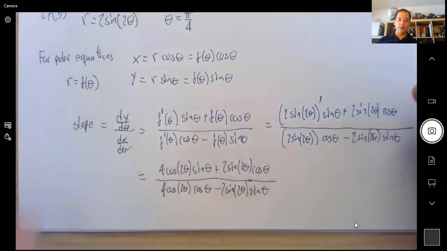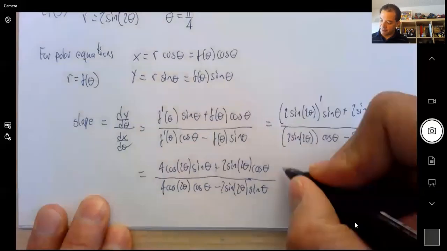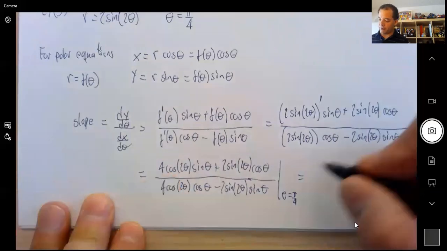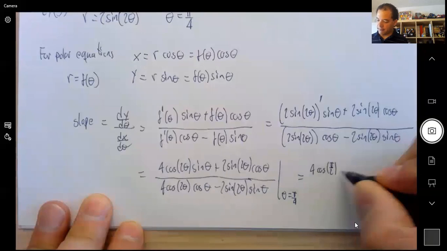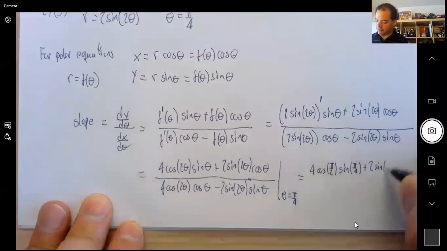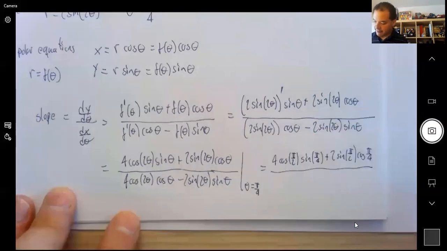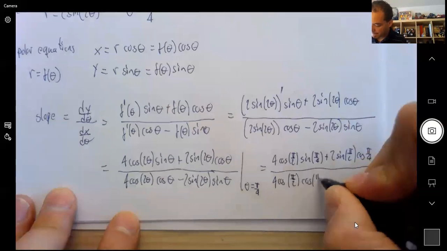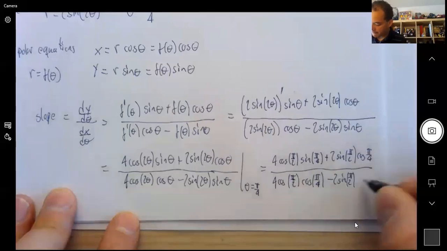Okay, and we need to do this where theta is pi over 4, right? So at pi over 4. Okay, so let's see. This would be 4 cosine of pi over 2 sine pi over 4 plus 2 times sine pi over 2 cosine pi over 4, divided by 4 cosine pi over 2 cosine pi over 4 minus 2 sine pi over 2 sine pi over 4.